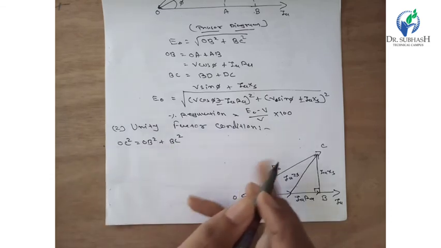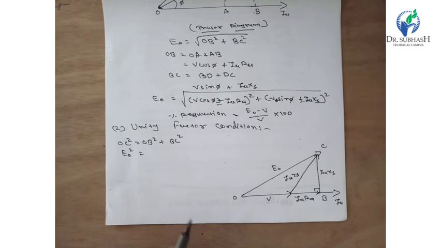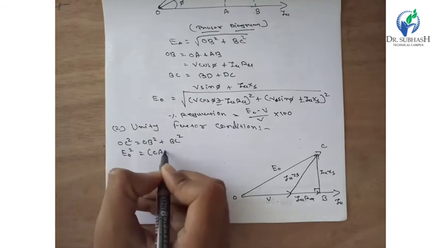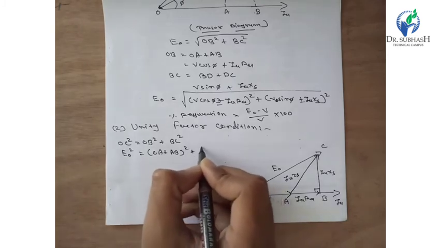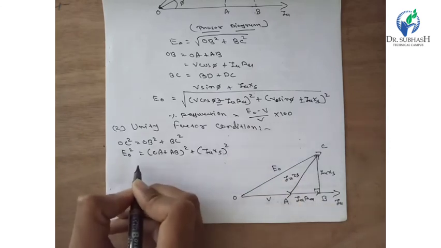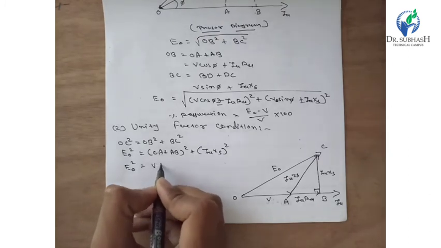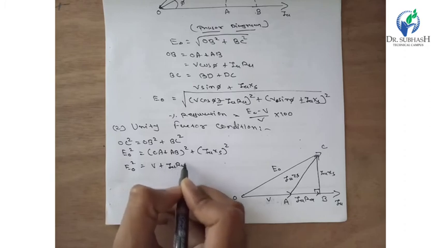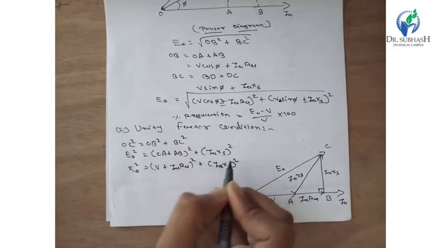OC square is E0 square, OB is OA plus AB, and BC is Ia into Xs. So E0 square is equal to (V plus Ia into Ra) square plus (Ia into Xs) square.